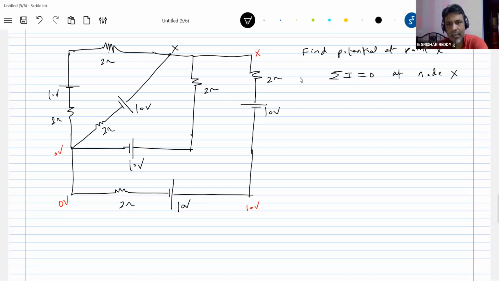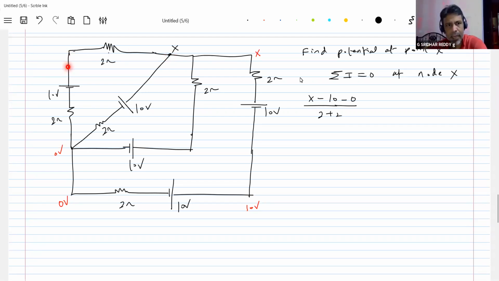X minus 10 by 2, plus 2. This is X minus 10, minus 0. Now what is the path?